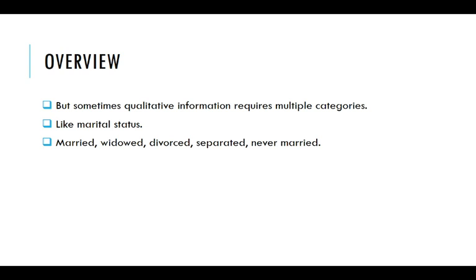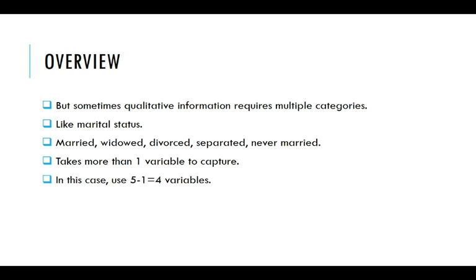And if I want this kind of information, then it's going to take more than one variable to capture this. So in this case, we have 5 different categories. One variable is not going to do it. In this case, I need, remember, there's always one less category. So I have 5 minus 1 gives me 4 variables, right?